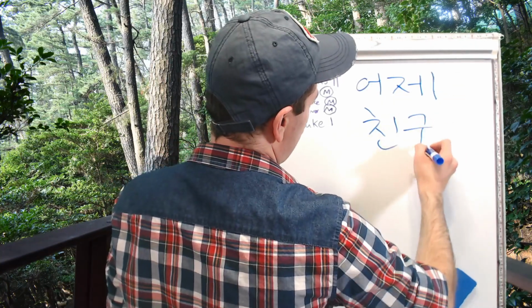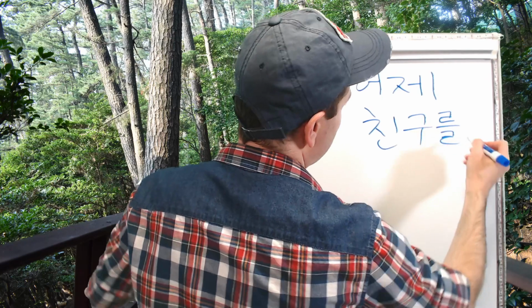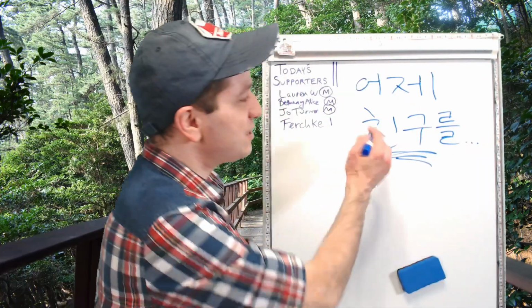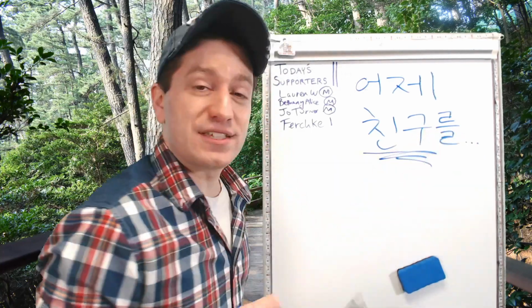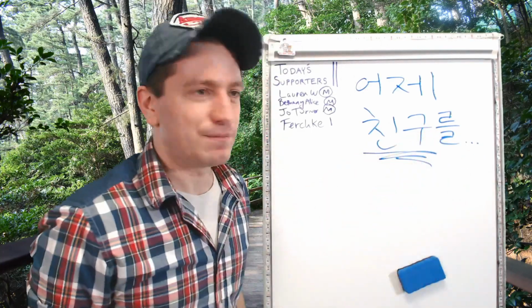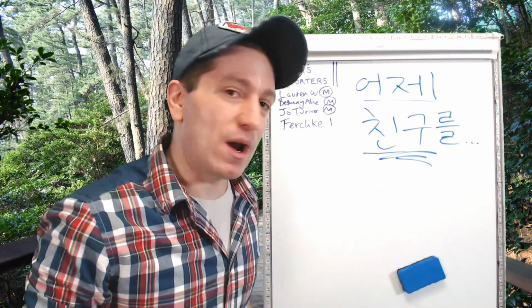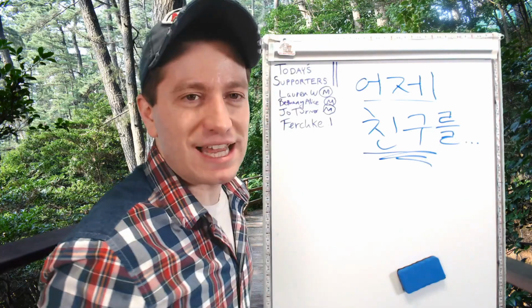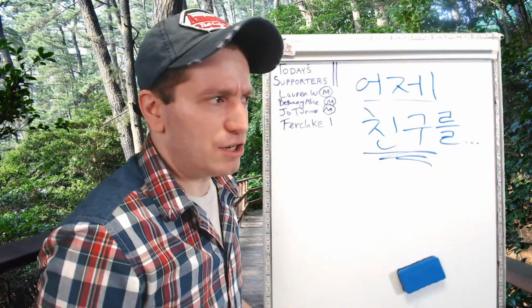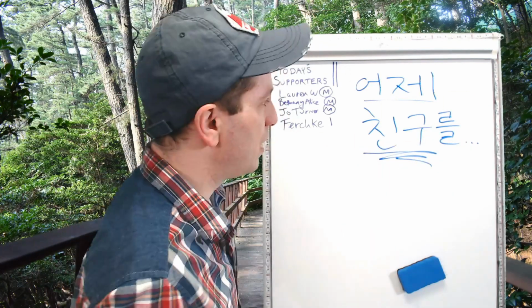어제, yesterday, 친구를. Now, I'm not even going to finish writing the rest of the sentence. As soon as we see this part of the sentence, the object marker, I feel right now something is going to do something to the friend. Yesterday, friend, well, it's going to be like 99%, it's going to be met or saw or something like that. If it was 친구에게, it could be give something to or say something to, but it's the object marker.